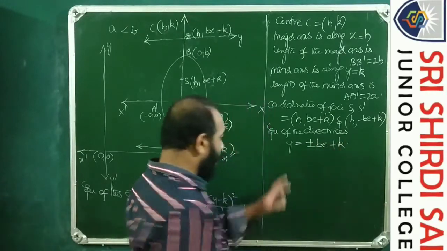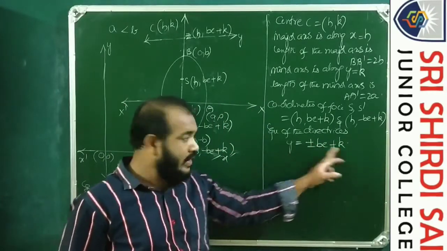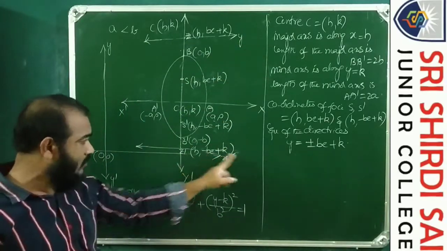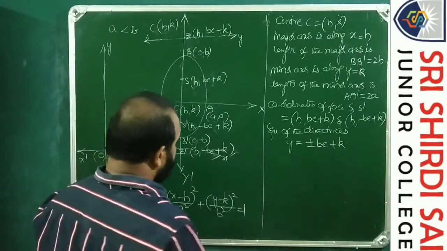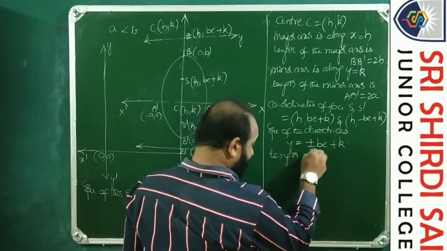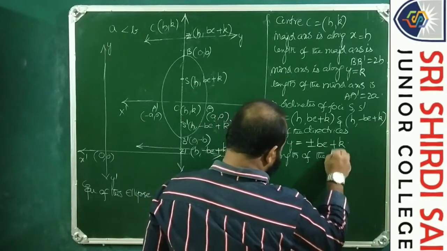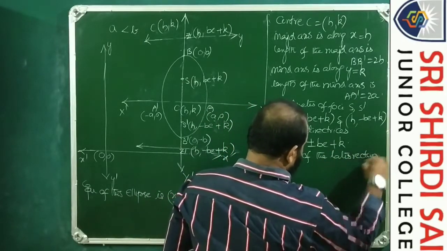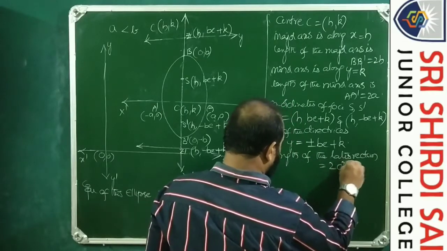That is, y equals b by e plus k and y equals minus b by e plus k. And the length of the latus rectum is equal to 2a square by b.